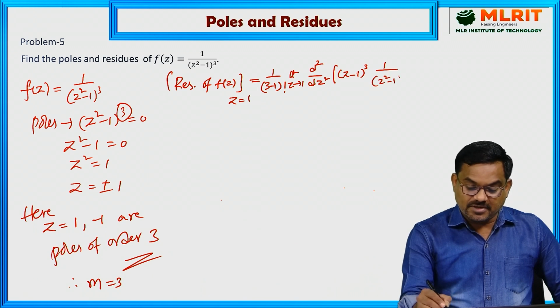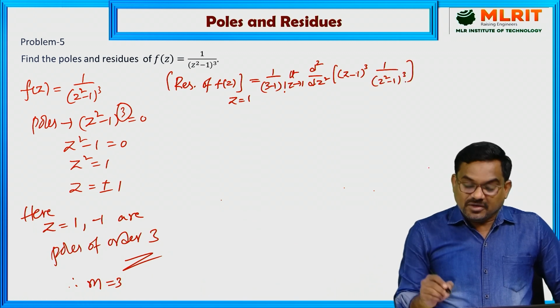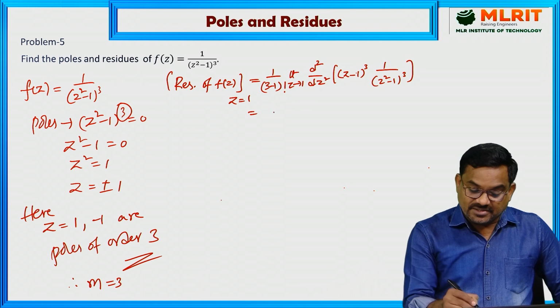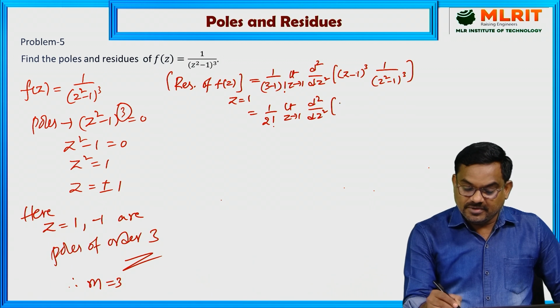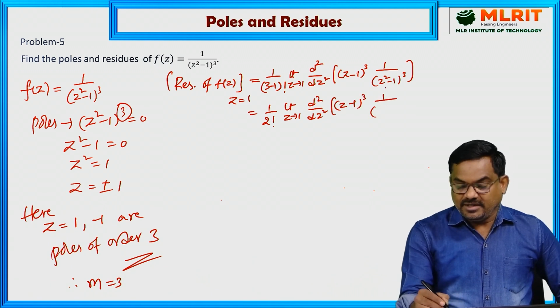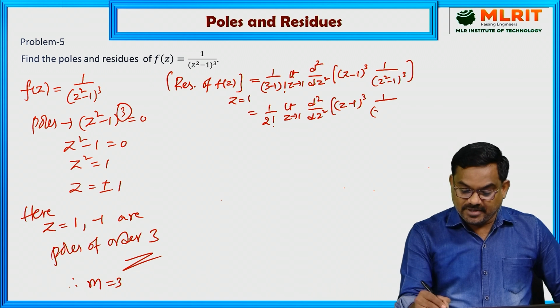Now again here we need to simplify this. So 1 by 2 factorial limit z tends to 1, the second order derivative of z minus 1 whole cube by the inner function, this z square minus 1, which can be written as (z plus 1) into (z minus 1) whole cube.